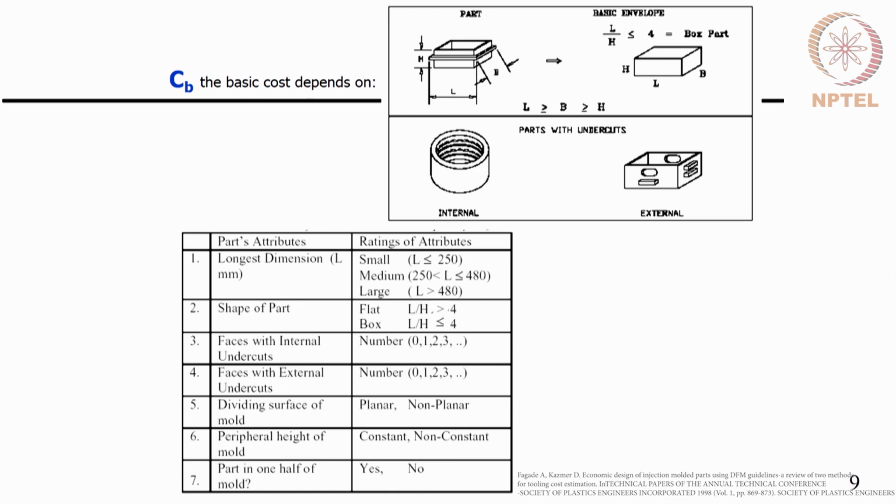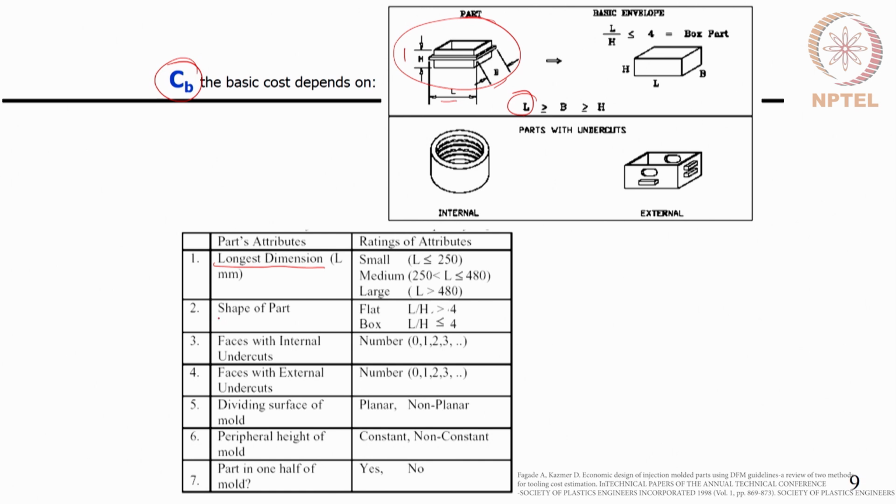If I have a part, L, B and H are the dimensions of the part, and the largest dimension L is a critical attribute. That is one of the first part attributes that we need to consider. All these part attributes are used with the table that we saw earlier to determine CB.